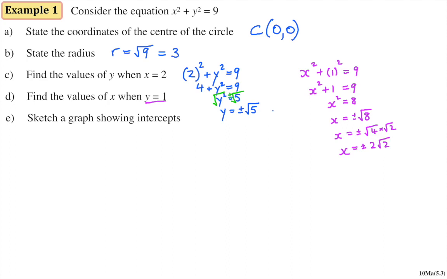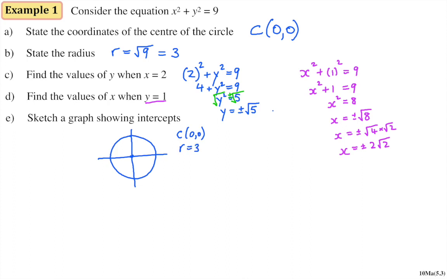Okay, let's sketch a graph showing the intercepts. We know this is a circle, so we can draw a circle. What do we know the radius or the center is? We know the center is at 0, 0. We know the radius is 3.